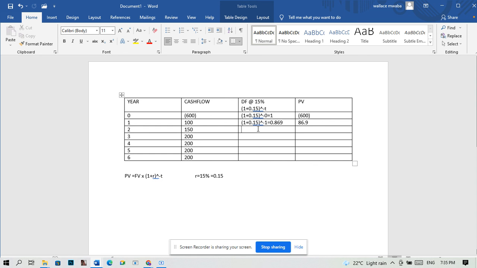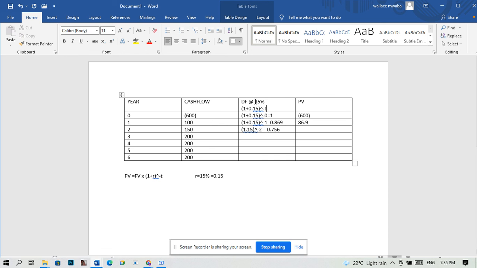Go to year 2, 1.15 to the power negative 2. Get our calculators, and we're going to get 0.756. This is the part where you can also use the tables.